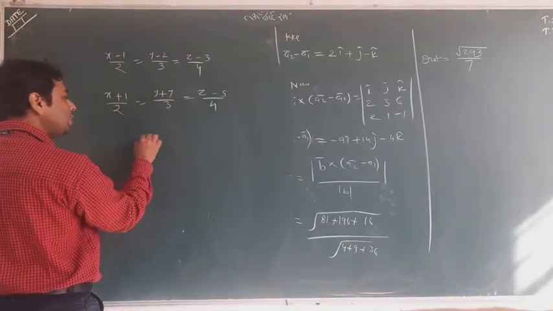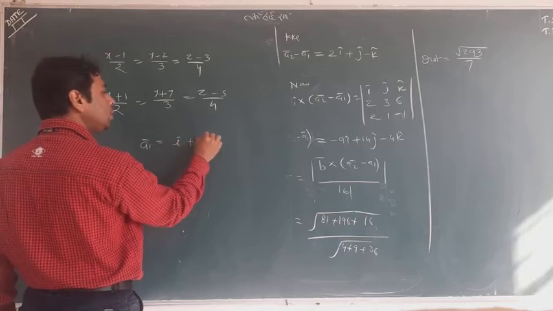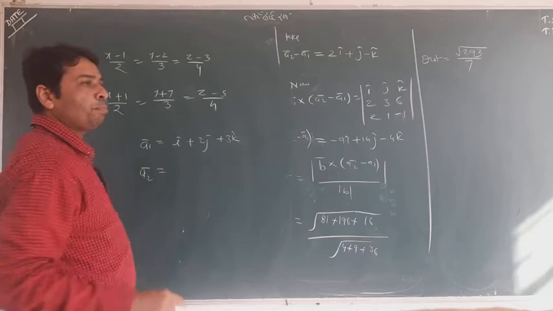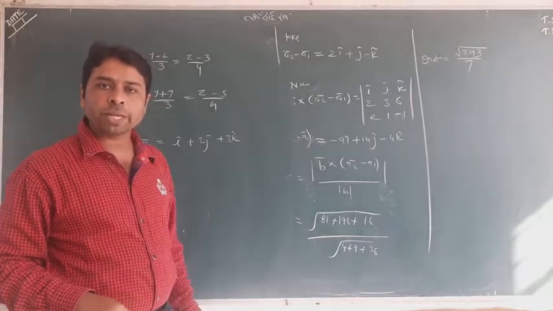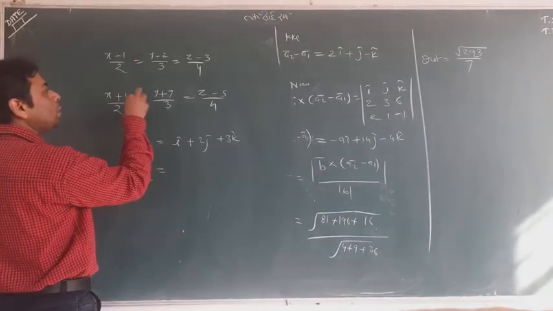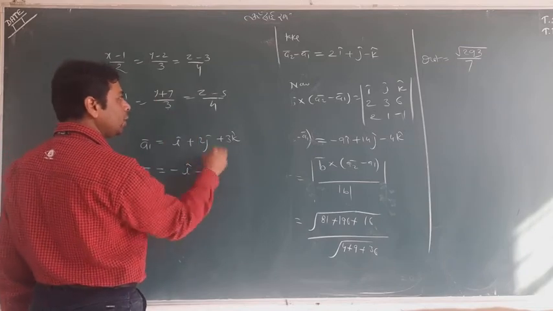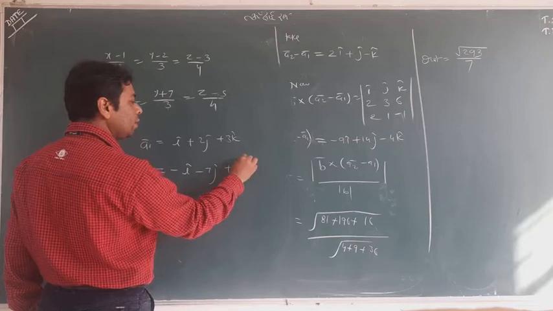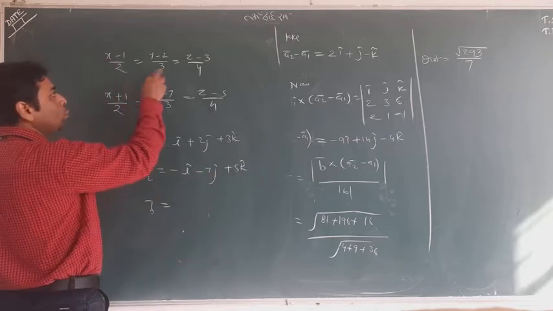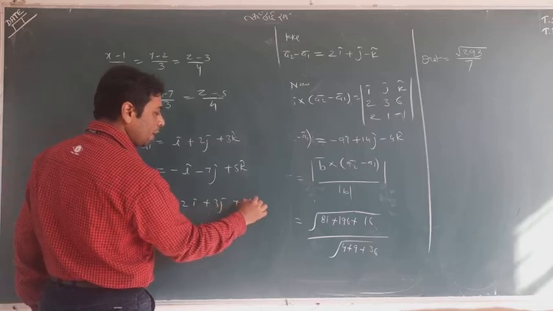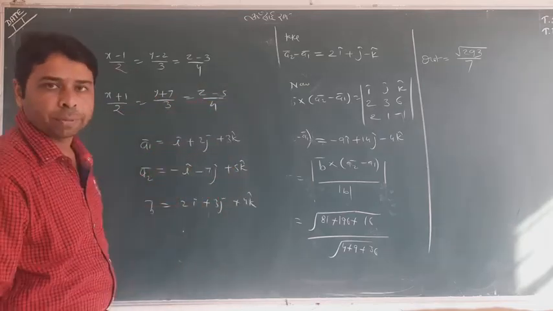So you can say A1 is equal to 1i, 2j, 3k. A2 is the position vector of the point by which the second line passes: -1i, -7j, plus 5k. And B is as usual 2, 3, 4: 2i, 3j, 4k. And after finding these, you can follow the formula and get your answer.